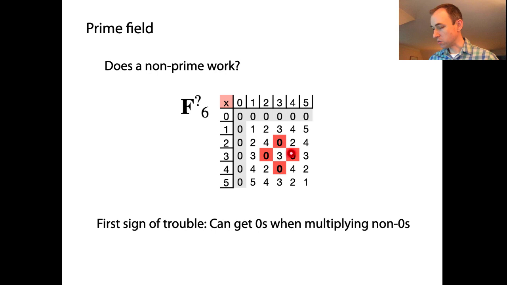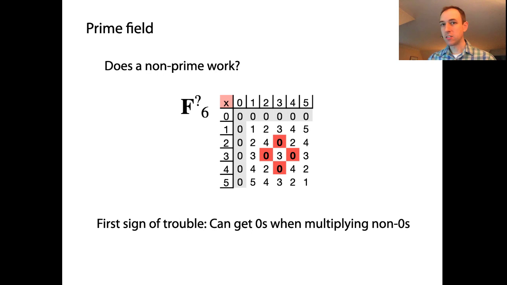We have these 4 zeros in the table that are not in the first row or column. Multiplication by 0 yields 0. 0 is the nullifier, so these are not so interesting. But these zeros are interesting because they're examples where we multiplied 2 non-zero numbers together and got 0. All right, so we can get zeros by multiplying non-zeros.